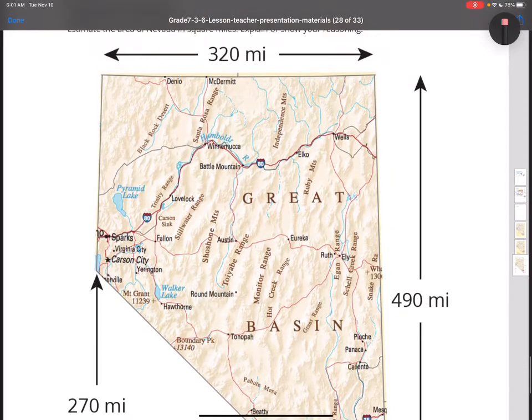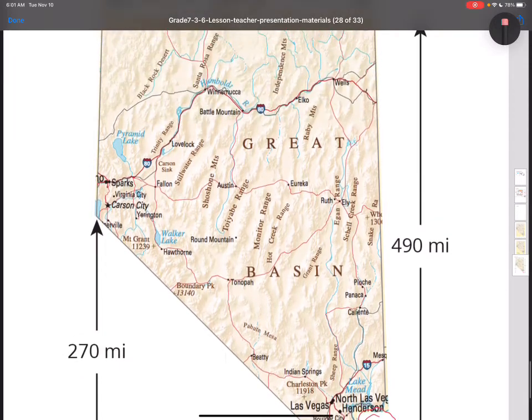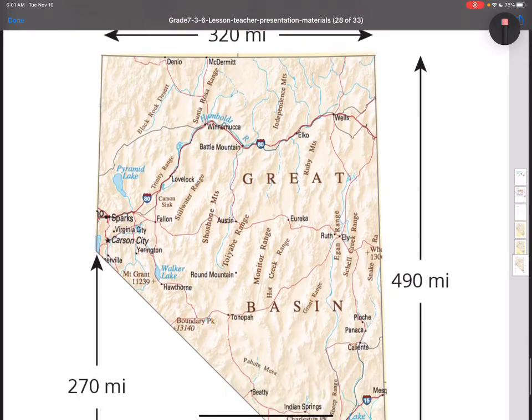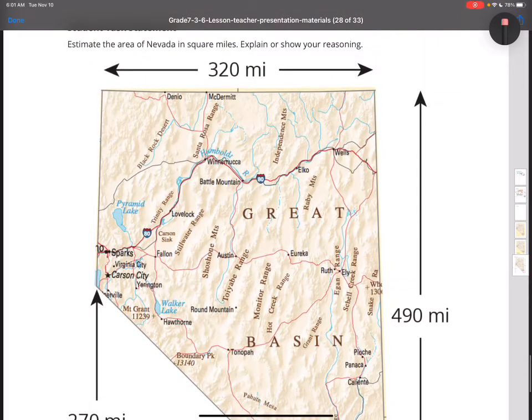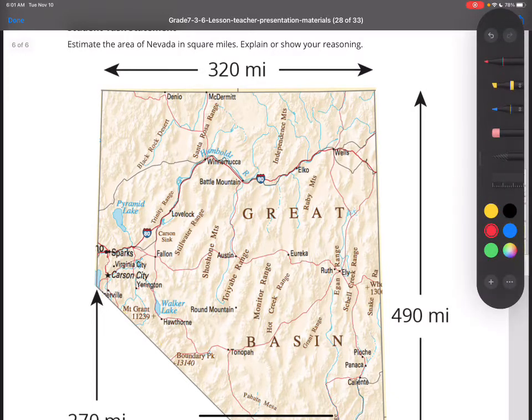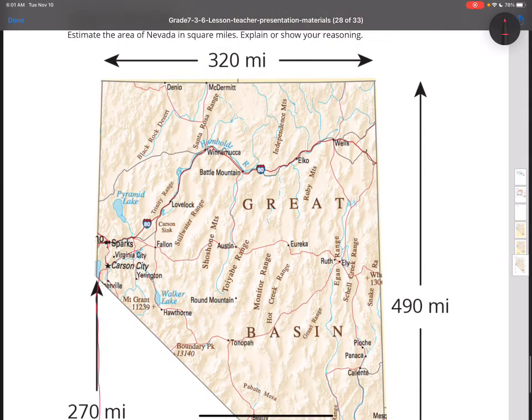So I see that the length or the height of this rectangle is 490 miles and the base is 320 miles. Since we're going to find the area of this rectangle, I need to multiply 320 times 490.